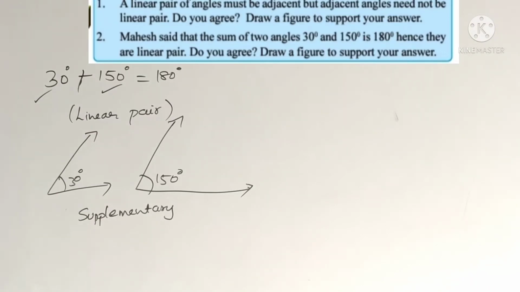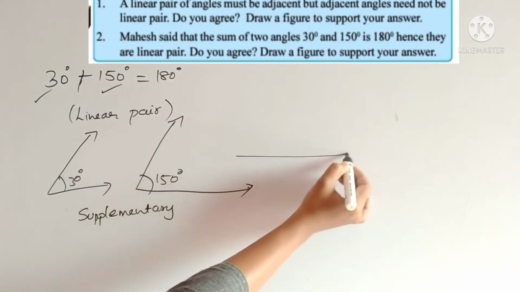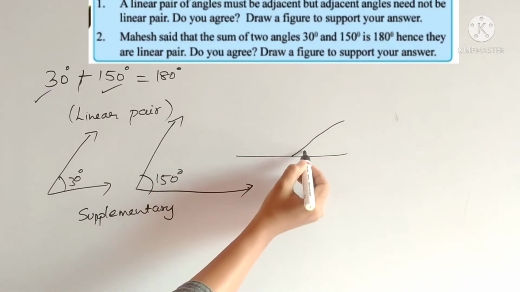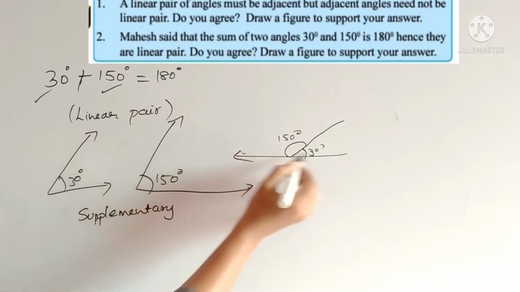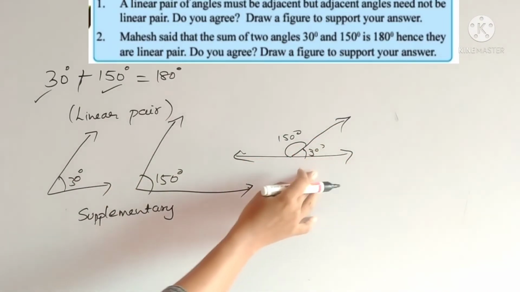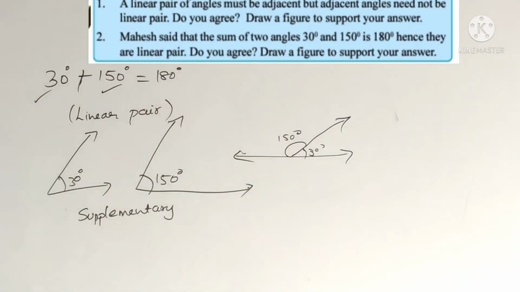For a linear pair, these two angles must be adjacent angles. So this is 30 and this is 150, only when they are like this can we say linear pair. But here they are not telling that 30 and 150 are adjacent angles.